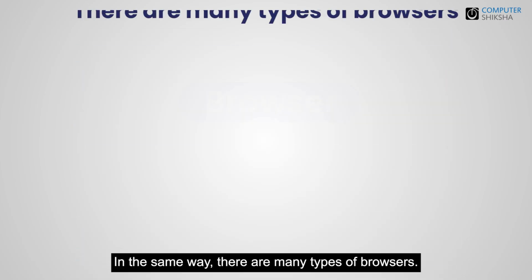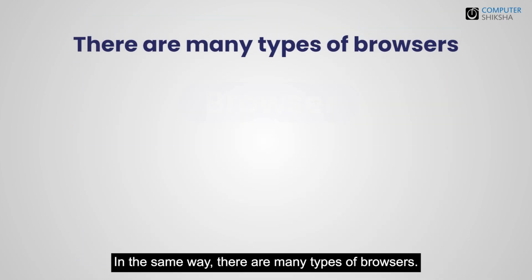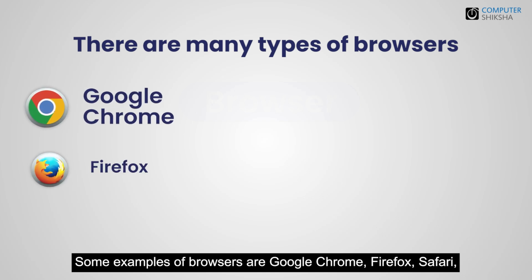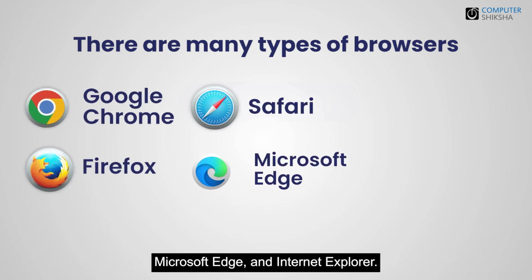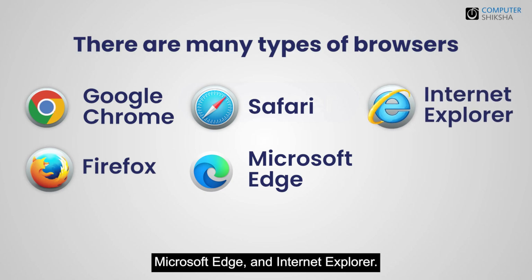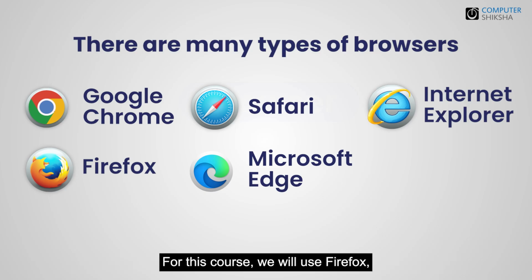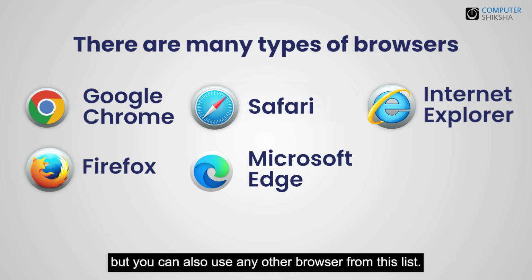In the same way, there are many types of browsers. Some examples of browsers are Google Chrome, Firefox, Safari, Microsoft Edge, and Internet Explorer. They may look a little different, but all of them do the same work. For this course, we will use Firefox, but you can also use any other browser from this list.